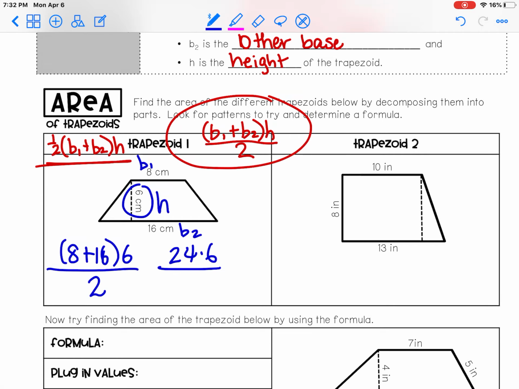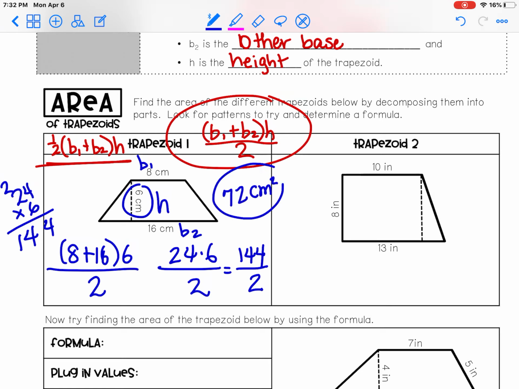And then do 24 times 6 divided by 2. 24 times 6, I don't know my 24, so I'm going to go over here and do the math. 6 times 4 is 24. 6 times 2 is 12, plus 2 is 14. So this is equal to 144 divided by 2, which would be 72 square centimeters. The area of this trapezoid is 72 square centimeters.